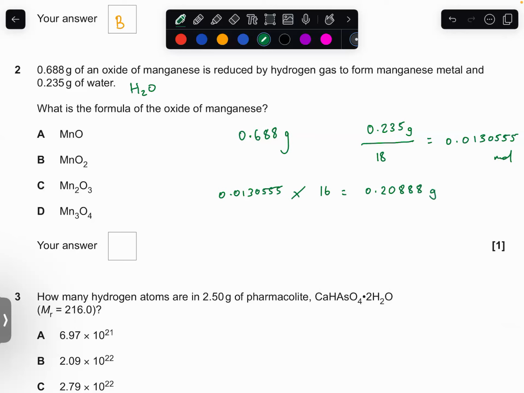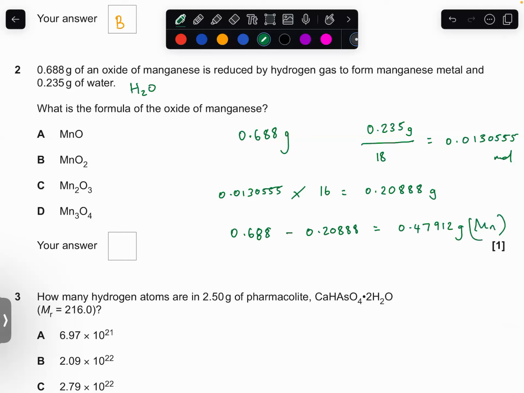If we deduct that from the mass of the oxide, 0.688 minus 0.20888, that gives us 0.47912 grams of manganese.